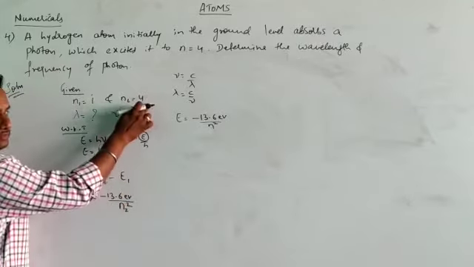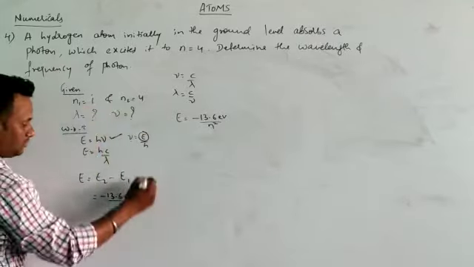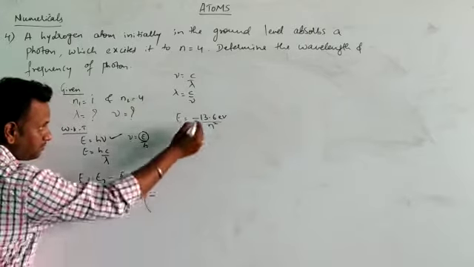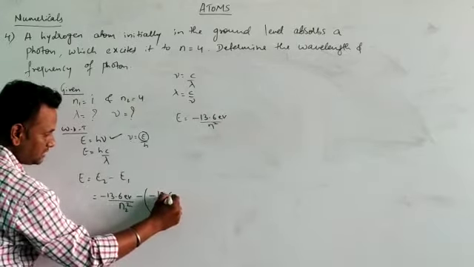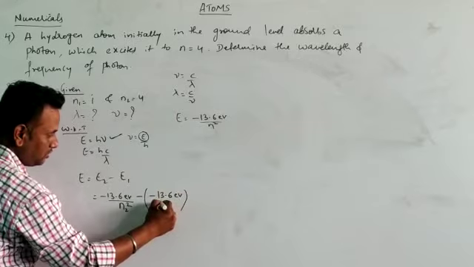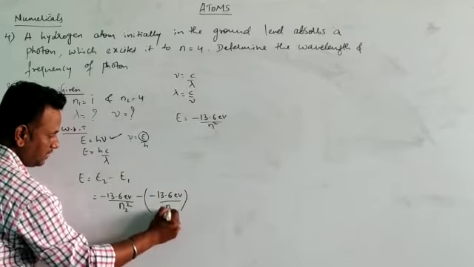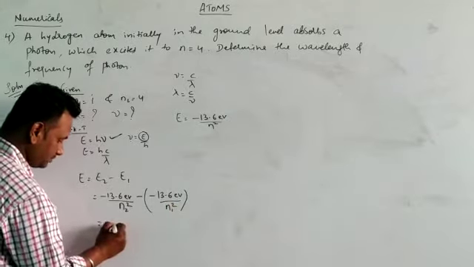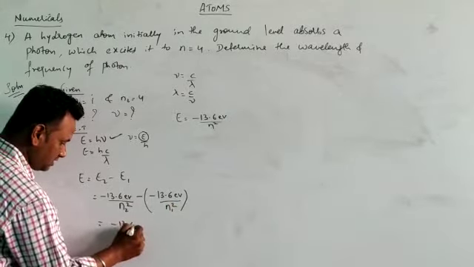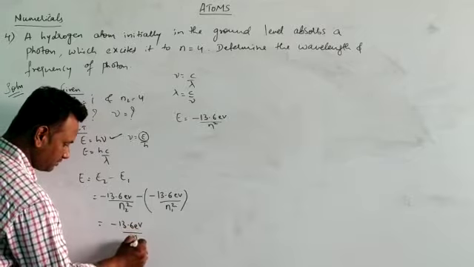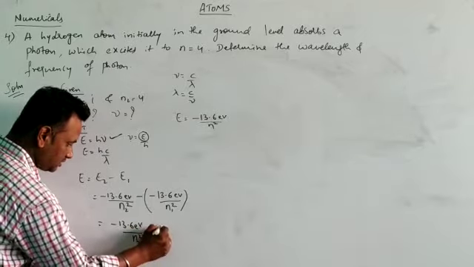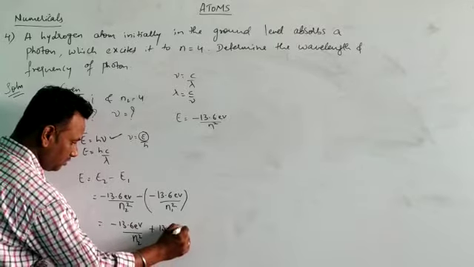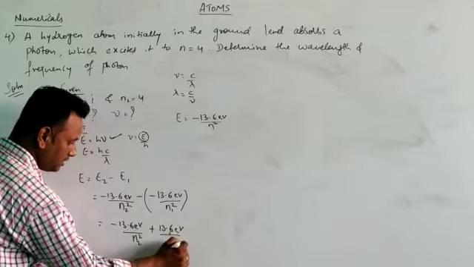Here n2 is 4, n1 is 1, so minus of 13.6 electron volt divided by n1 square. So this becomes minus 13.6 electron volt divided by n2 square plus 13.6 electron volt divided by n1 square.